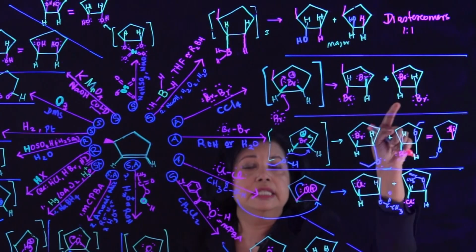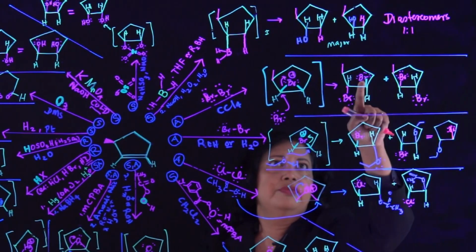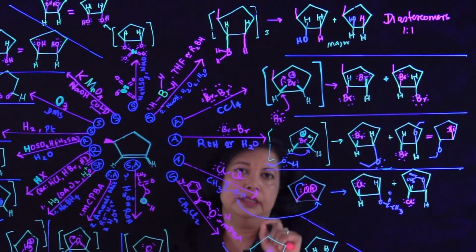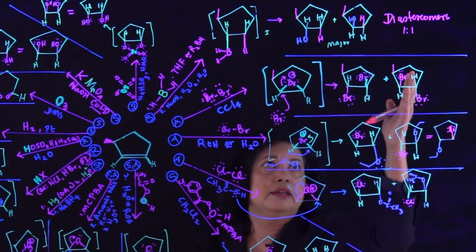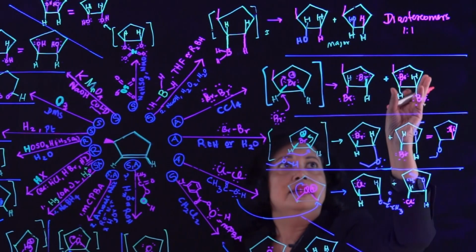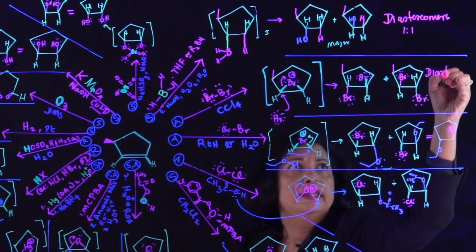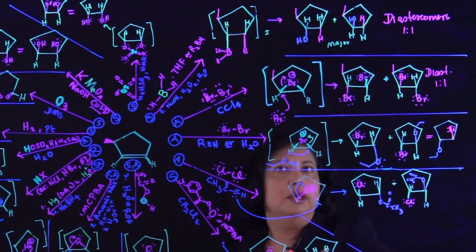So they're both stereoisomers. Same deal as before. These two are reflected, but this one is the same. It's fixed. Can't move it. So therefore, these are not mirror images, and they are stereoisomers that are not enantiomers. So those are, by definition, diastereomers. Again, you get a 1-to-1 mixture.